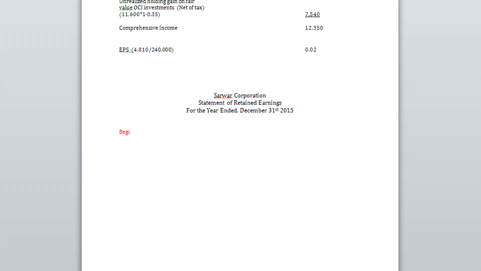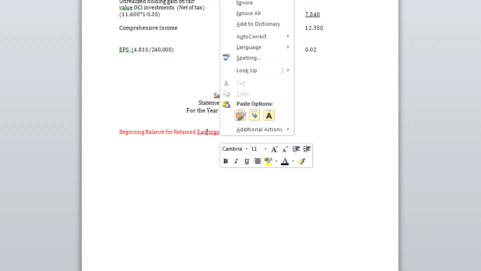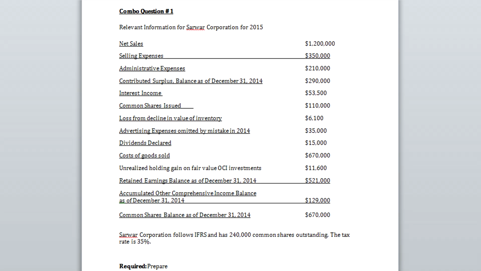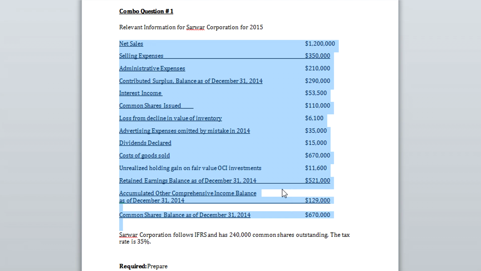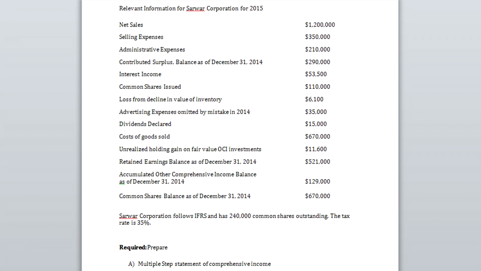Always what you're going to do is start with your beginning balance for retained earnings. And this beginning balance for retained earnings is going to be on January 1st, that's the first day of the year, 2015. So we're going to go up to our question and figure out what that is. Looking through all our givens here, we have a retained earnings balance at December 31st, 2014.